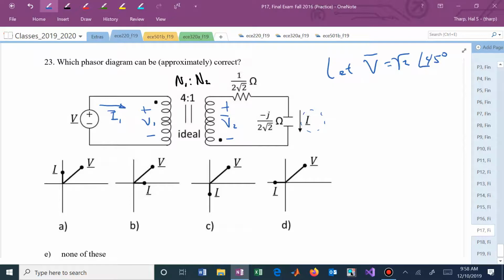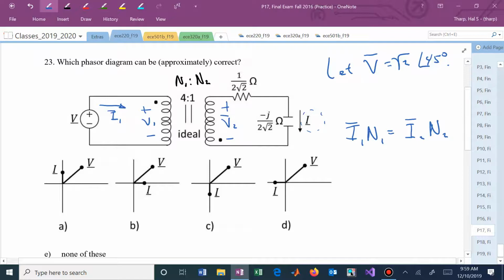We know that V bar looks like it's at a 45 degree angle, so I'm just going to say that's what we'll use. And now we need to find where is I relative to V bar. And I is the secondary current, or the current in the secondary side of the circuit. What's our current turns relationship here? We know that amp turns are equal, and what we now need to account for is the sign.